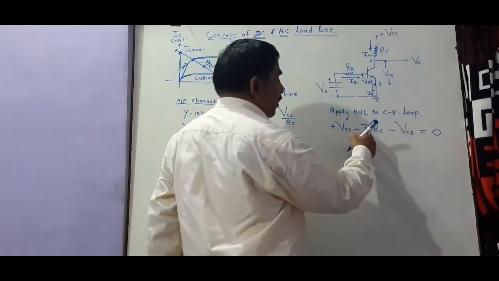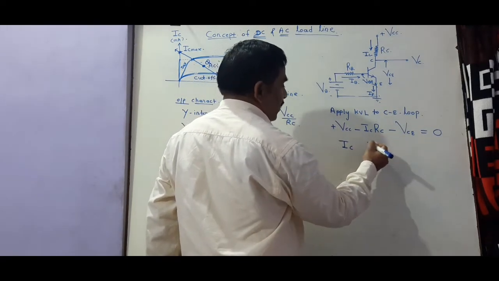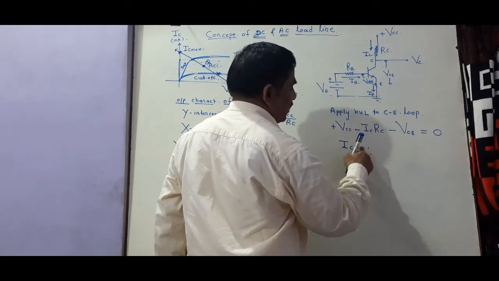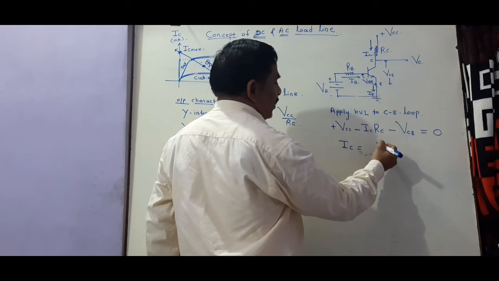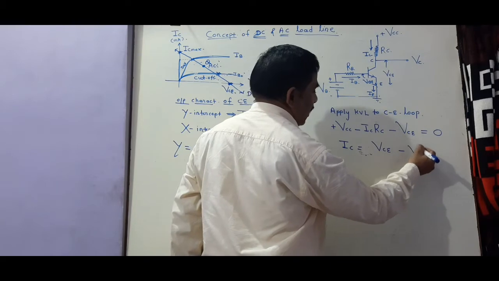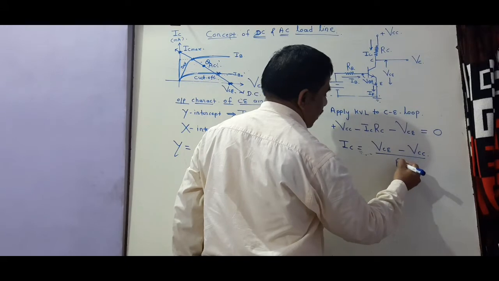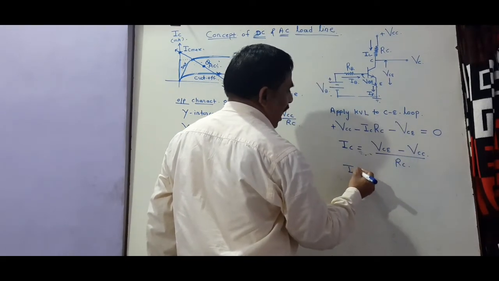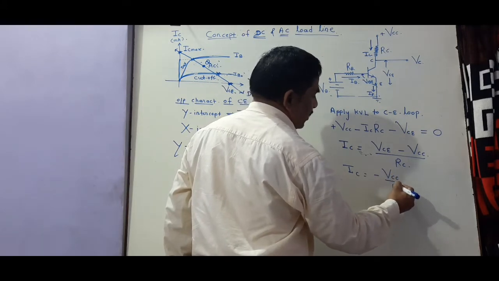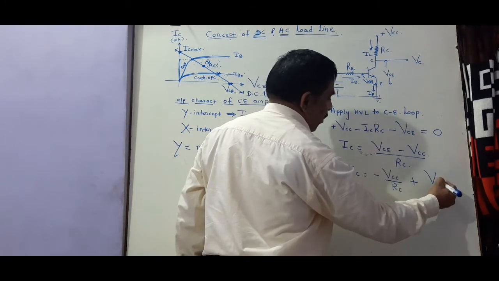Now solve this equation for the output collector current IC. IC is equal to (VCC minus VCE) upon RC. Or this equation can be written as IC is equal to minus VCE upon RC, this term first, and after that this term plus VCC upon RC.